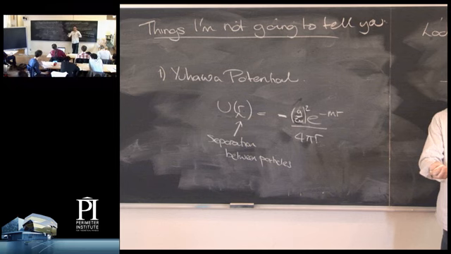If you have forces that are due to the exchange of scalar particles, they're universally attractive. Likes attract and opposites attract. Here we're seeing that likes attract. Nucleon and nucleon, that's attractive. So there's a nice chain here. Spin zero exchange always gives rise to attractive forces.